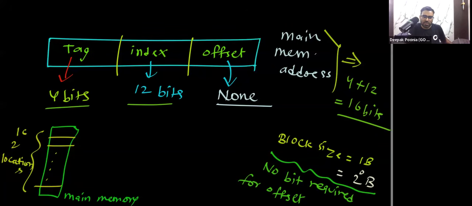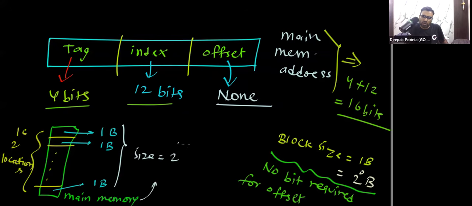And because the main memory is byte addressable, on every location there is a byte. Every byte has an address. So now you tell me what will be the main memory size? The main memory size will be equal to 2 power 16 bytes. Is this point clear? Very simple question.